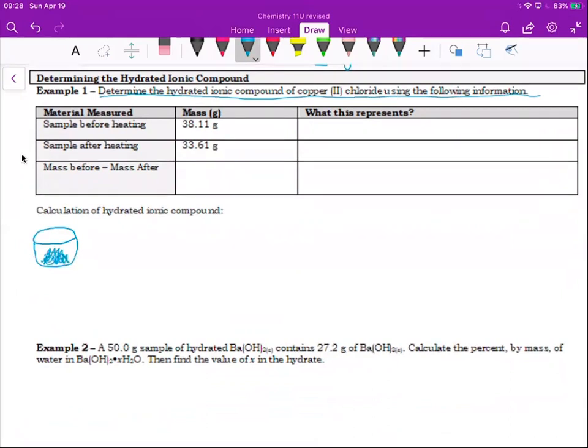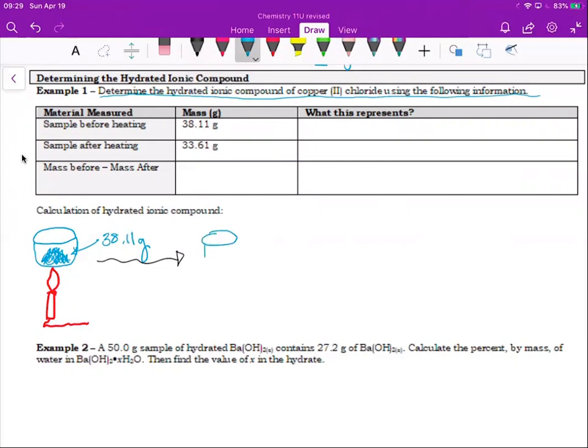In my crucible, I have 38.11 grams of hydrated copper chloride. Then I'm going to take a Bunsen burner and heat it up to at least 200 degrees Celsius. I actually don't even know how hot the Bunsen burners get. I should try to test that out.